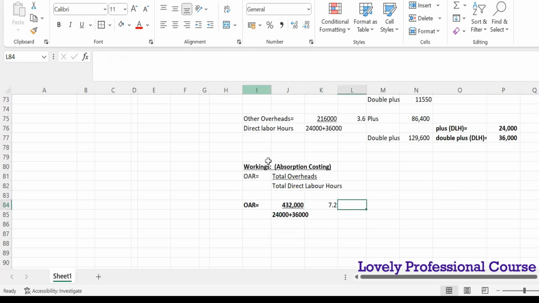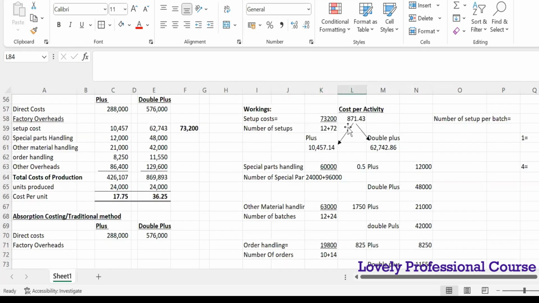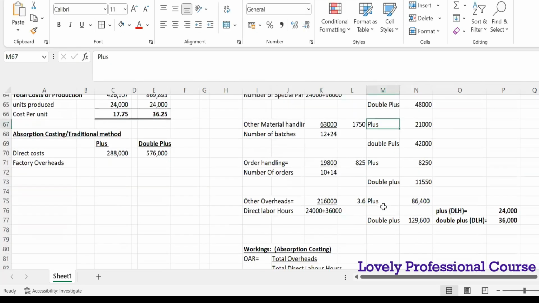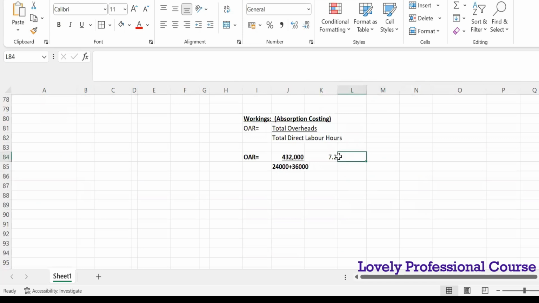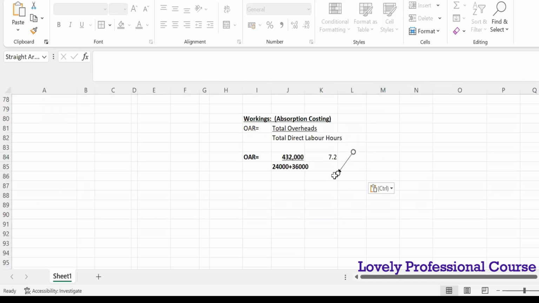So let me do allocation. Remember my allocation. Let me do it once again. If you remember what I was telling you, we can now have here 4 plus, and let me say here double plus. Only one entry.